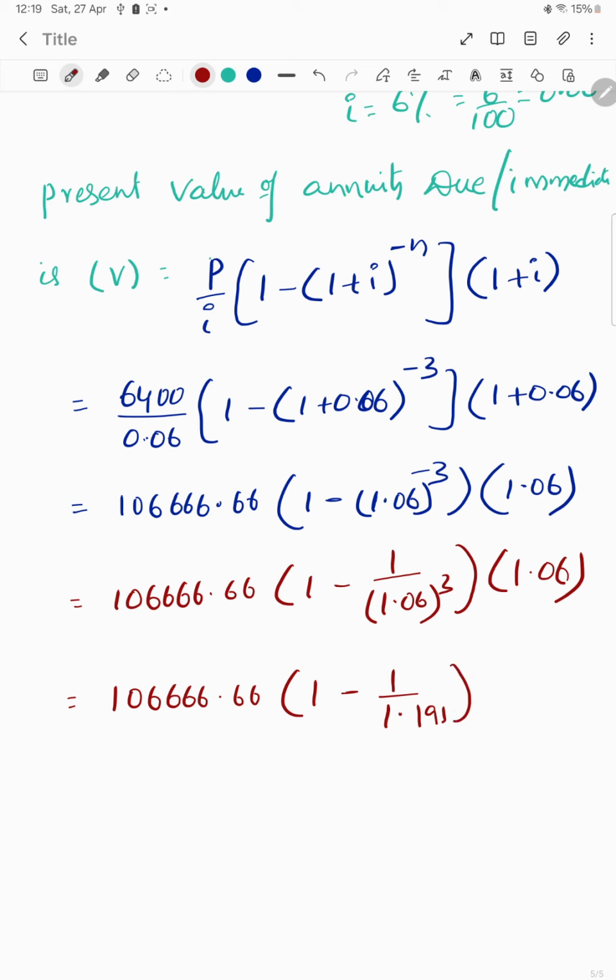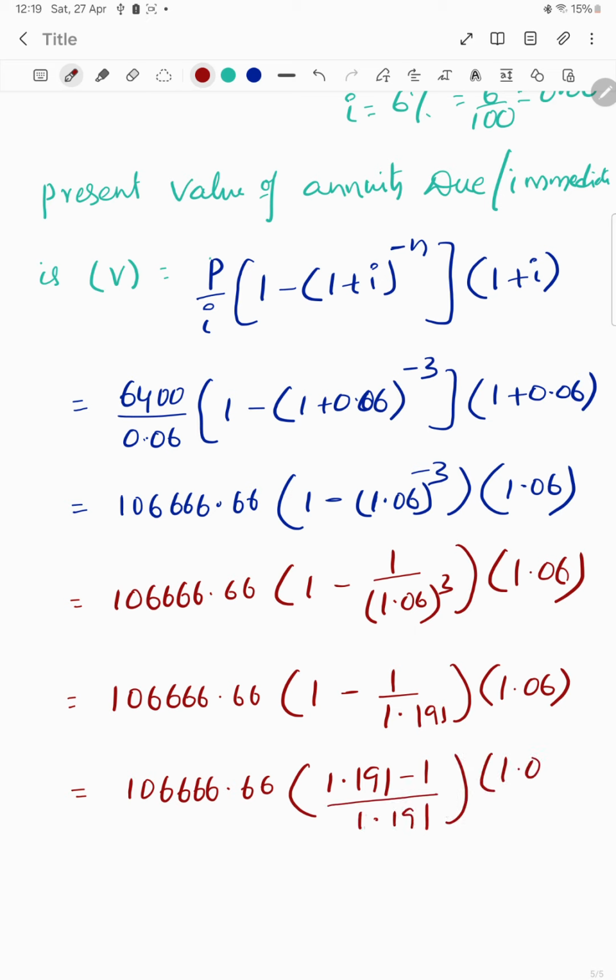Okay, it will give us 1.191 into 1.06. So this implies 10666.66 into 1.191 minus 1 by 1.191 into 1.06. So this implies 10666.66 into 1.191 minus 1, which means 0.191, divided by 1.191 into 1.06.